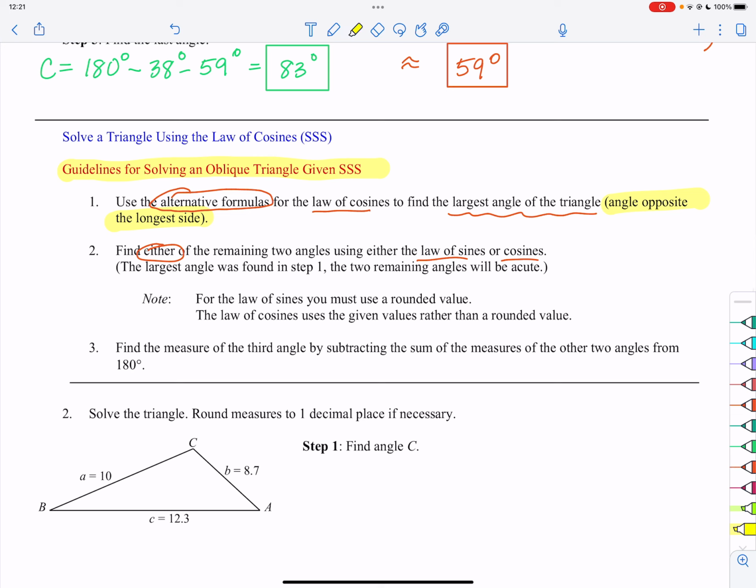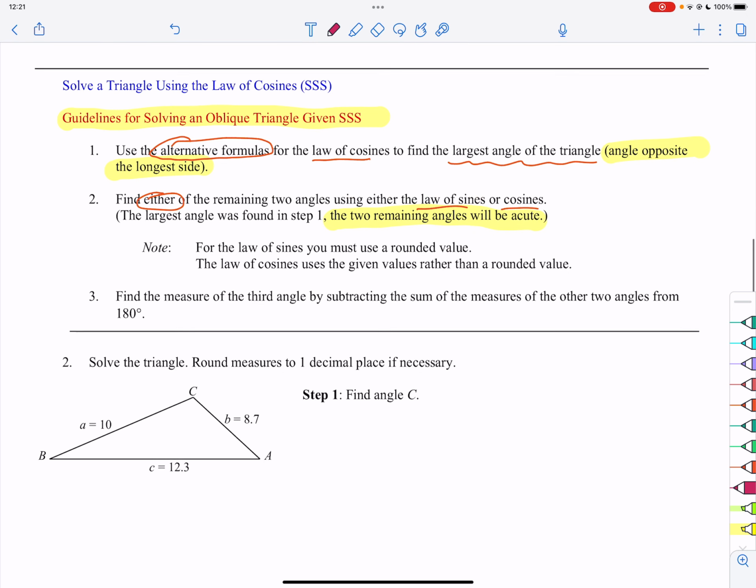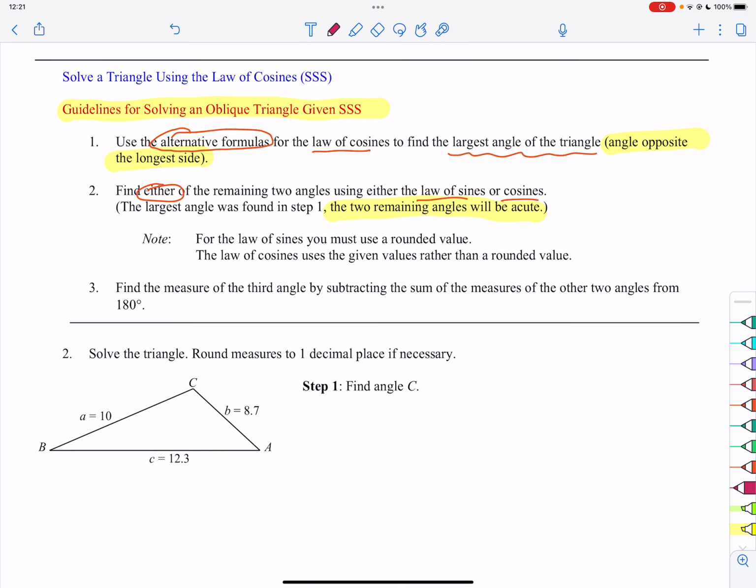Now, the remaining two angles will be acute. For the law of sines, you must use a rounded value. For the law of cosines, use the given values.